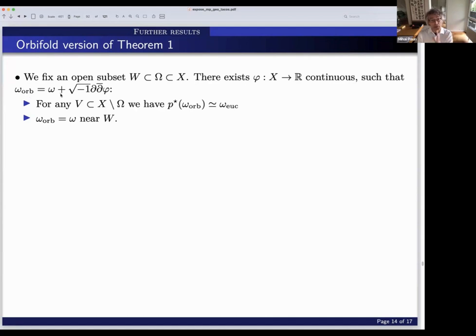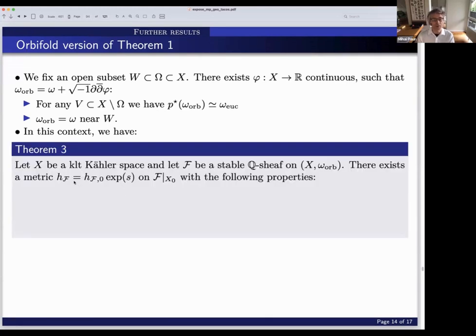It's interpolating between the honest orbifold metric and the smooth metric we have on X. The reason why we cannot have anything better is that we ignore everything about the singularities here. We don't have any model, as in the case of the quotient singularities. So the best we can do is simply to do this interpolation.